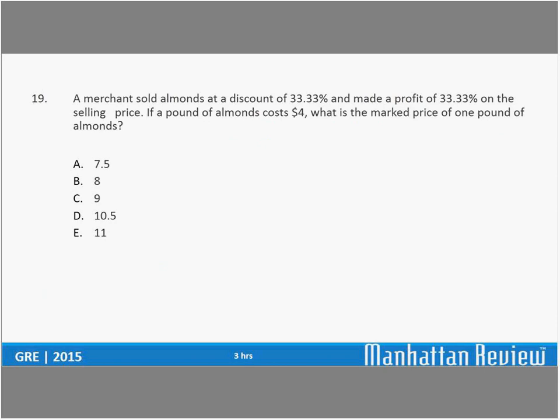Okay. Look at this question. A merchant sold almonds at a discount of 33 1 by 3%. It is nothing but 33.333, which can be written as 1 by 3 in fractions. And made a profit of 1/3 on price.